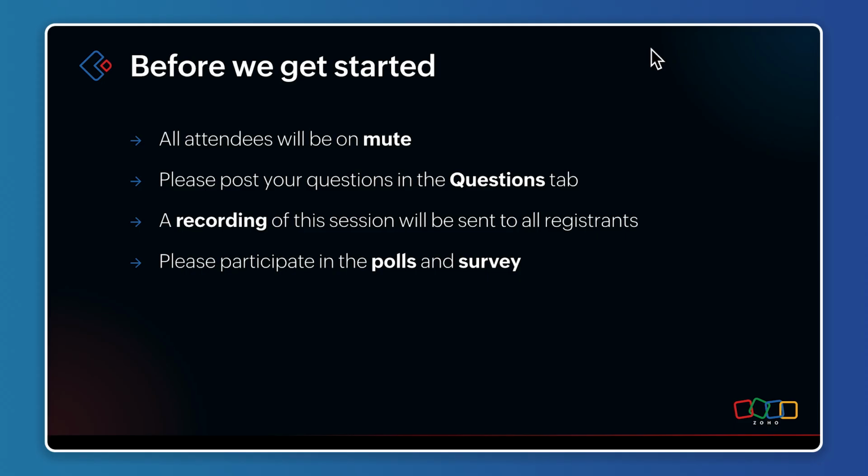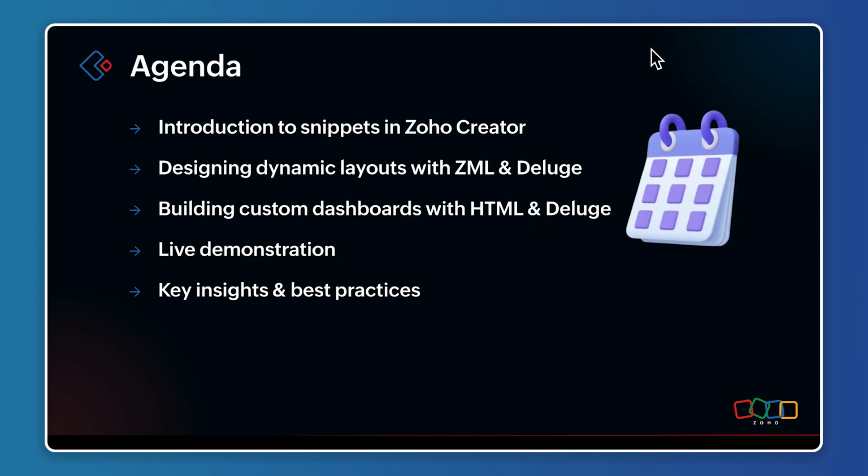So let's get started with our session now, and here is the agenda. We will be starting with a quick introduction to what a snippet is in Zoho Creator, and then we will talk about the ZML concept in Creator, and how we can use ZML to design dynamic layouts along with Deluge. Followed by that, we will learn about the HTML concept in Creator, and how we can use HTML to build a custom dashboard within the Creator application.